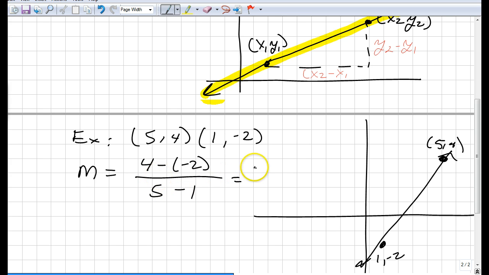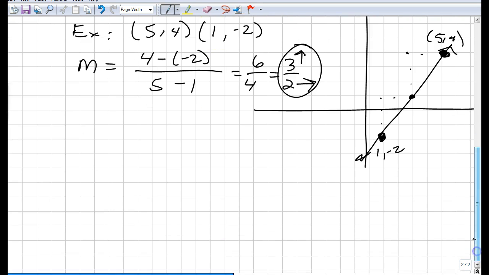So 4 minus a negative 2 is 6, 5 minus 1 is 4, and that reduces to 3 over 2. So that means I go up 3 and right 2 to get to the next point on the line. So 1, 2, 3, 1, 2, I'm on the line. 1, 2, 3, 1, 2, I'm back to this point. So this tells me the directions to get to the next point.